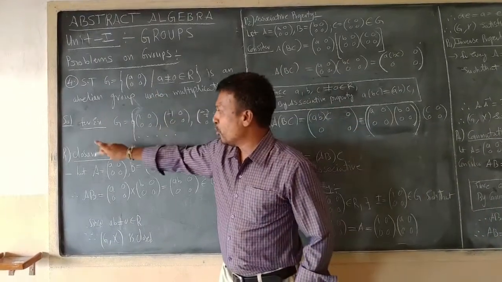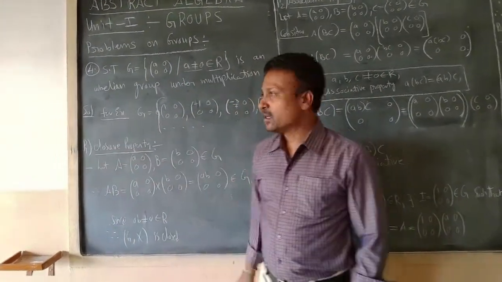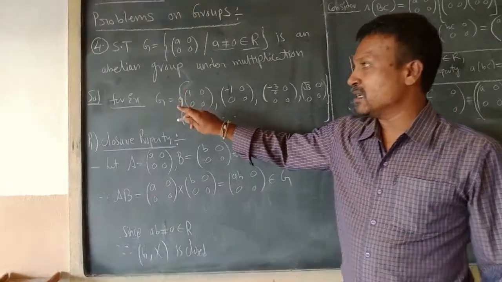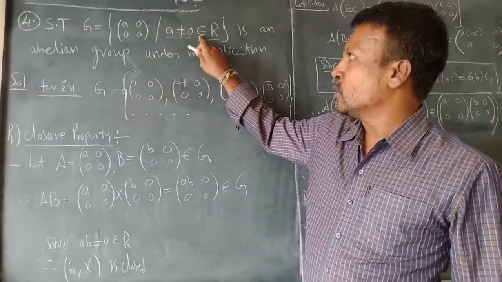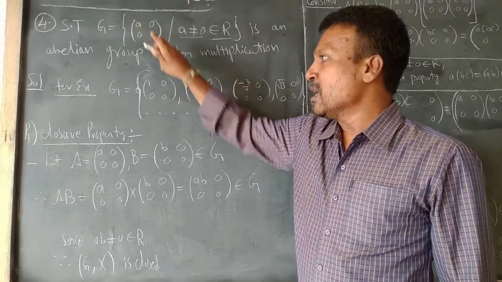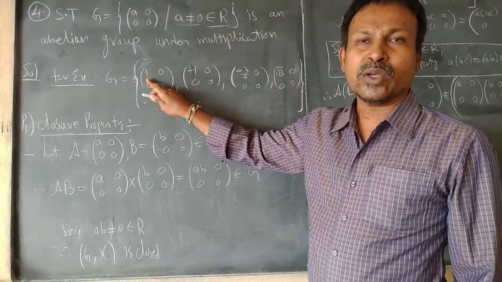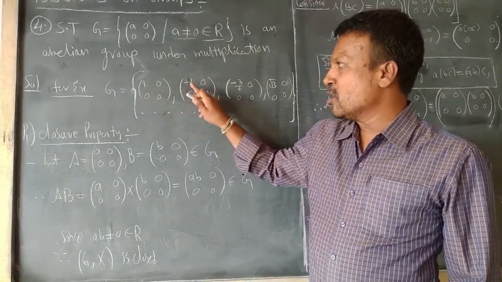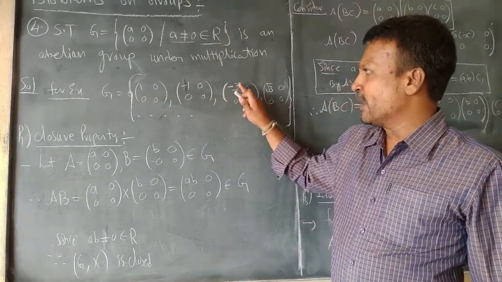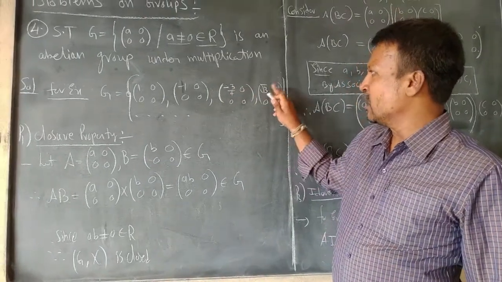So before going to the solution part, let us see the elements in G. For example, A is not equal to 0, belongs to R. So in place of A, 0 should not appear. Instead of 0, any real number should appear. So I have taken 1 0 0 0, minus 1 0 0 0, minus 3 by 4 0 0 0, root 3 0 0 0.